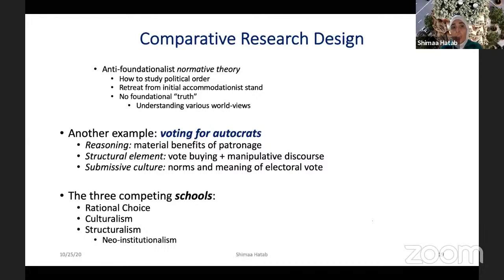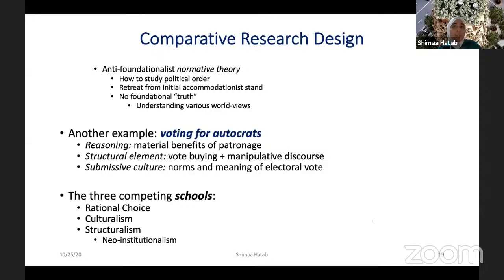Okay. From this debate about behavioralism, post-behavioralism, or positivism and post-positivism, and interpretivism or hermeneutics in political science, from next week onwards we are going to talk about three major schools, or umbrellas, in comparative politics. Rational choice represents this hardcore behavioralist or positivist position.